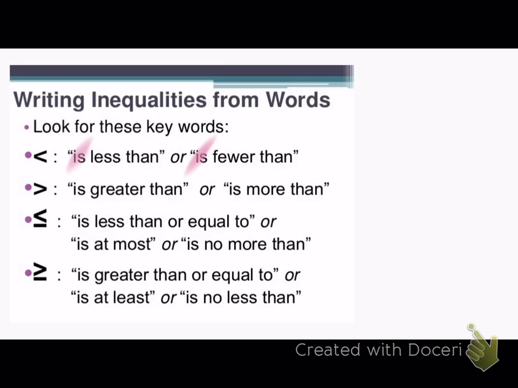Is greater than, is more than. What's the symbol? Greater than. Is less than or equal to, is at most, is no more than, would be less than or equal to. Is greater than or equal to, well, it's kind of apparent. Is at least, is no less than.